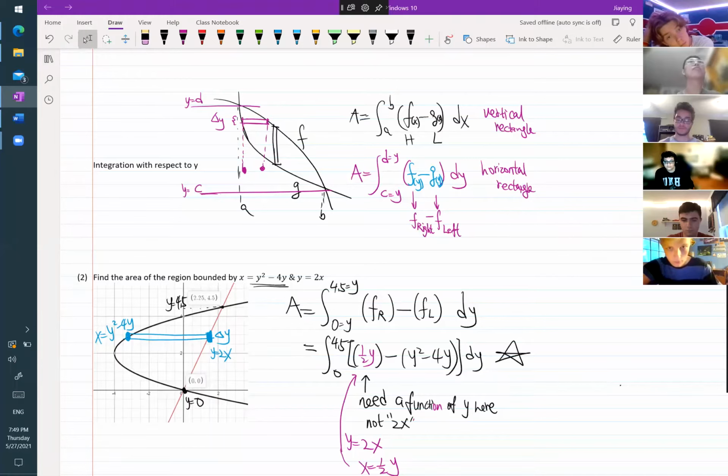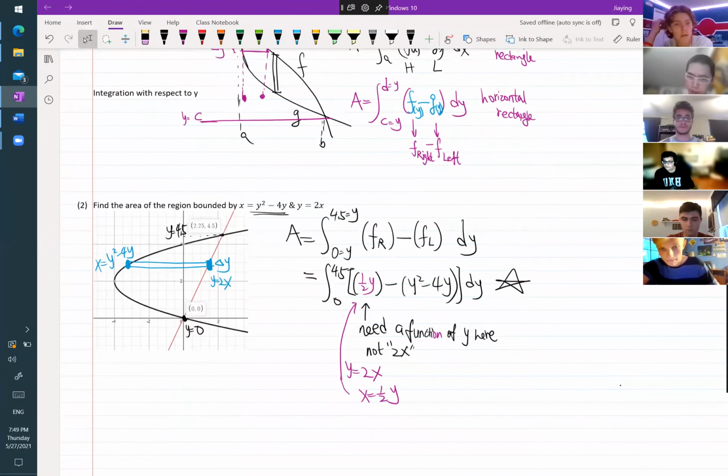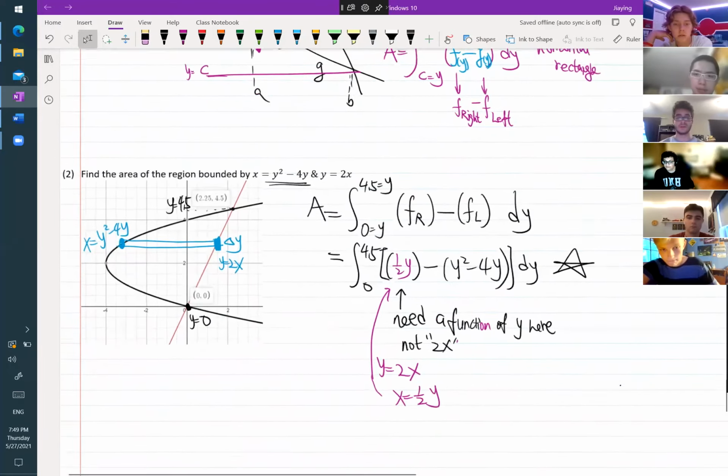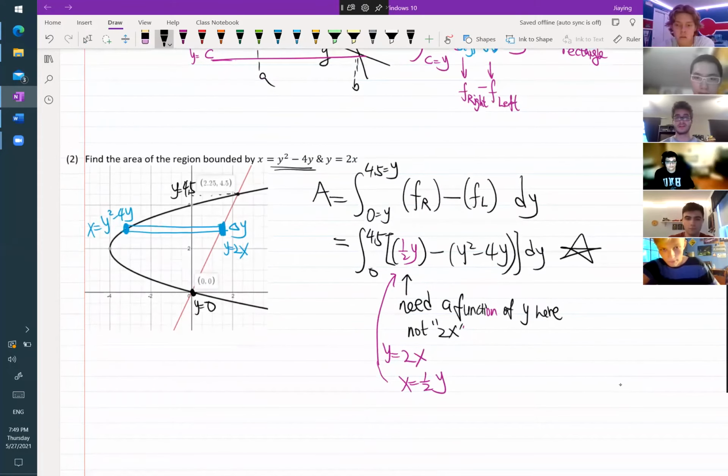So the next step is 1/2 y times. Oh, the next step. Let me write down the next step quickly. You still have the integral from 0 to 4.5. I'm just going to drop the parentheses in the middle.